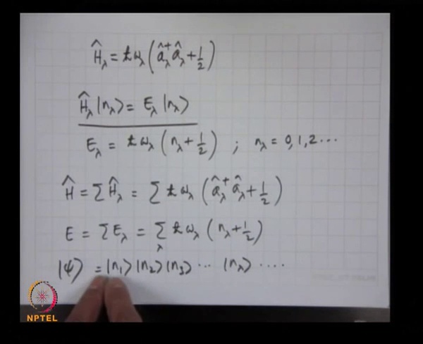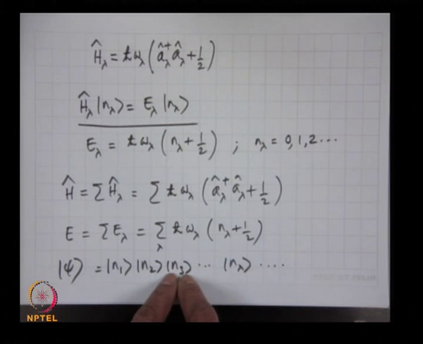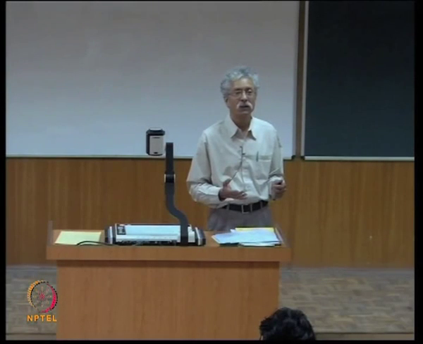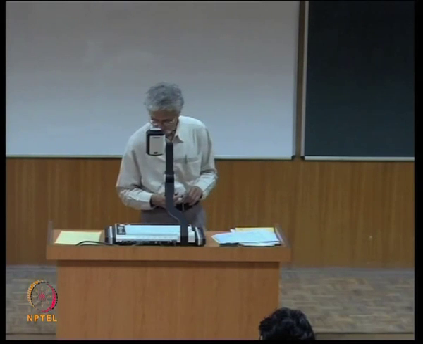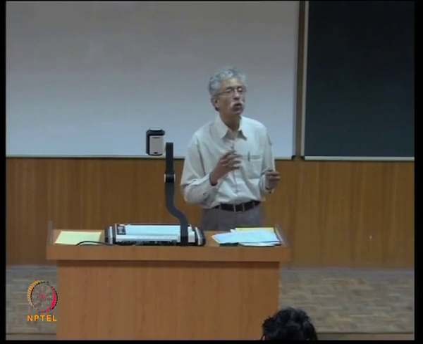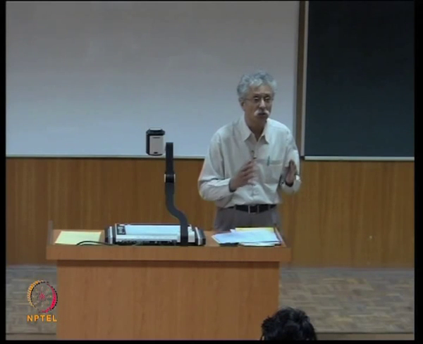There are n1 photons in mode 1, n2 photons in mode 2, n3 photons in mode 3. By photons I mean the number, the excitation state of that electromagnetic field. I could have a situation, for example, that there are no photons in any electromagnetic mode.